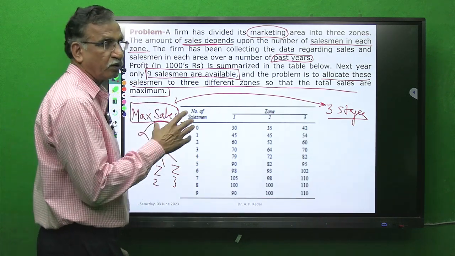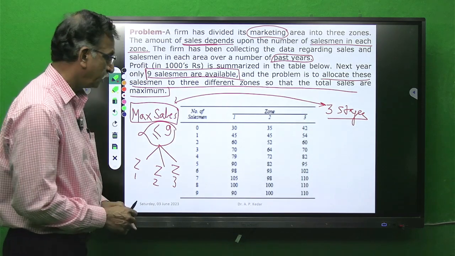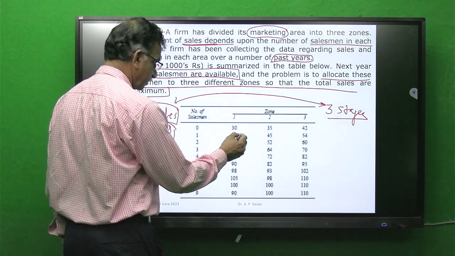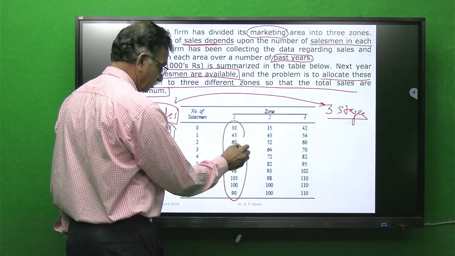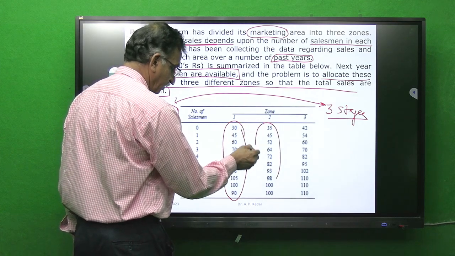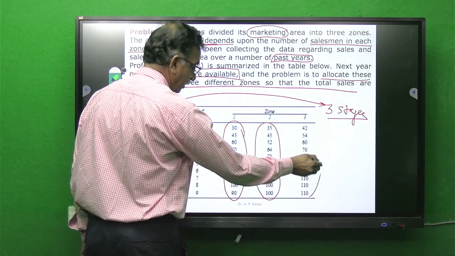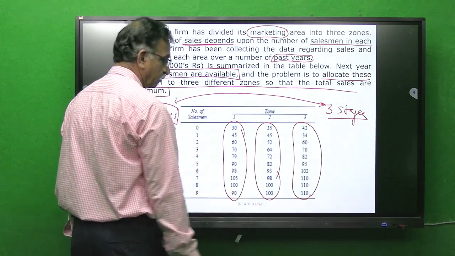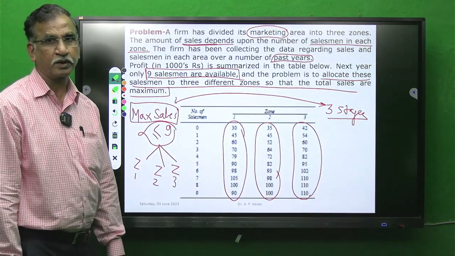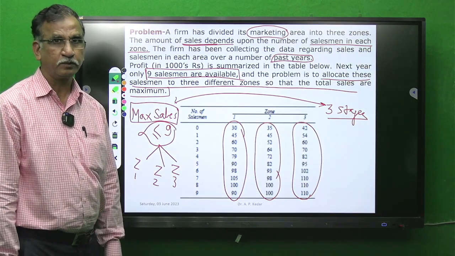Now the theme of the problem is very clear. The profit values for different zones are utmost important to us for making decisions. Got it?